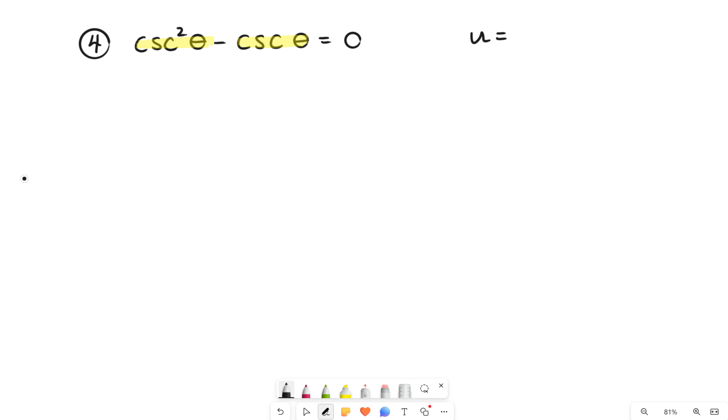So I'm going to establish over here on the right that u is equal to cosecant of theta. Let's rewrite. Okay, so u squared minus u equals 0. Again, always try to factor using GCF first, okay?